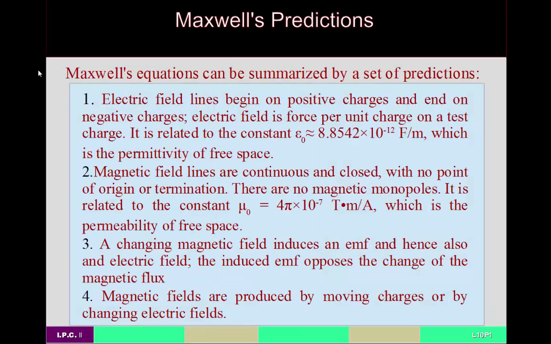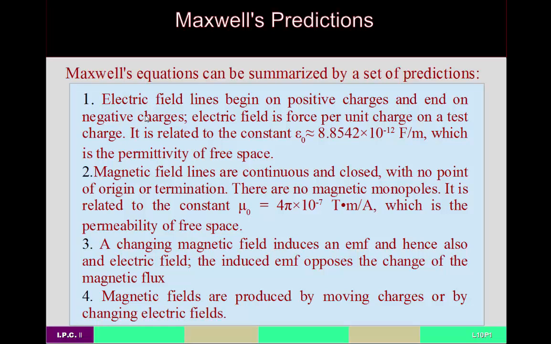Maxwell's equations can be summarized sans calculus as a set of predictions. Now, this is for the physics with calculus course that I'm giving, but this is basically how Maxwell's laws are presented to the non-calculus course as well. Basically, there's a set of four predictions that generally are the summary of Maxwell's equations.